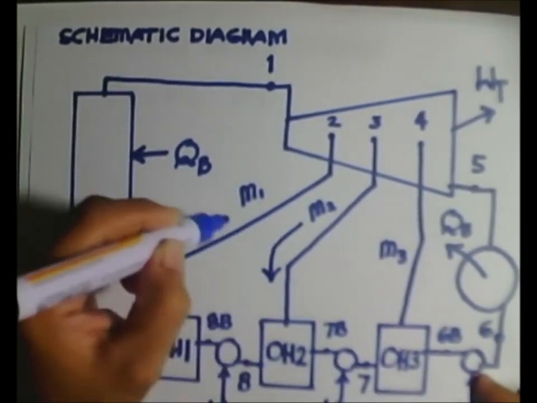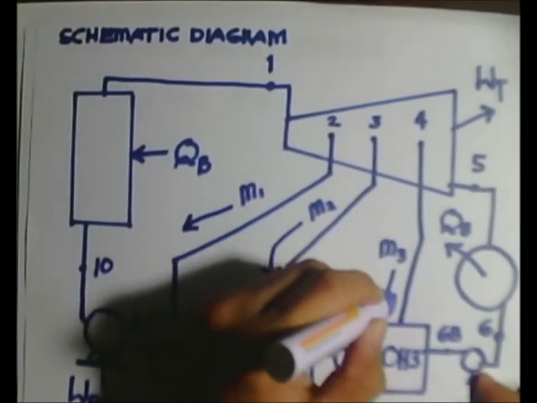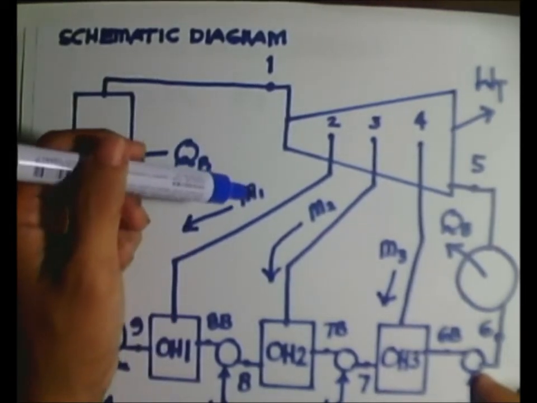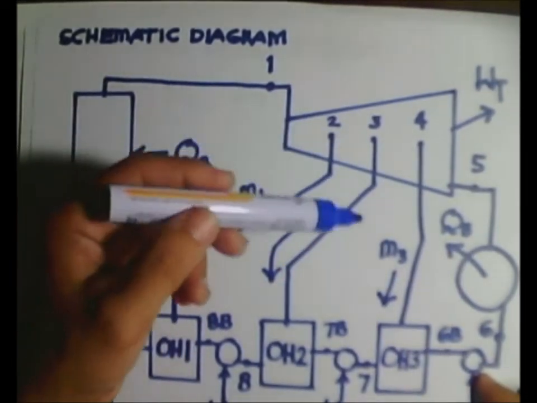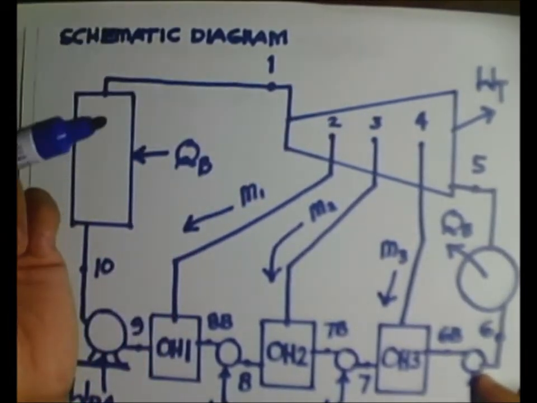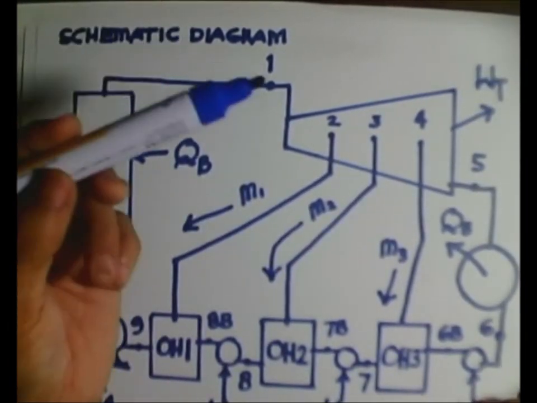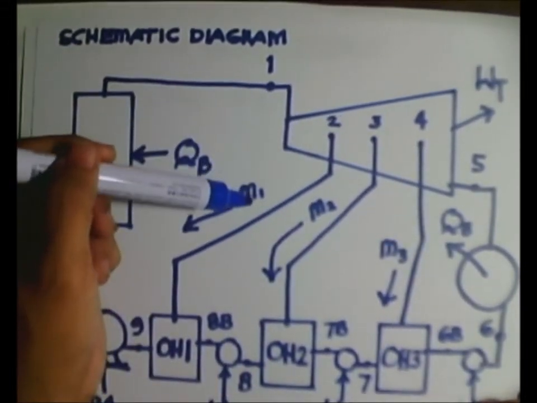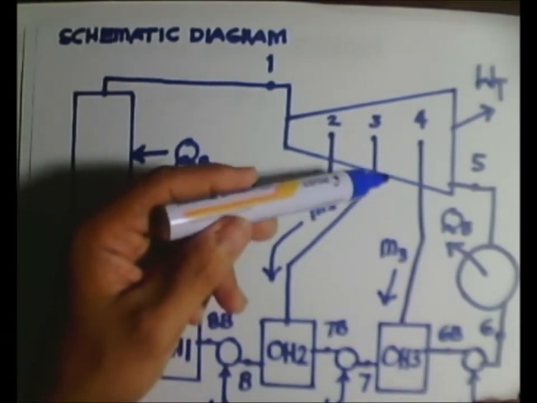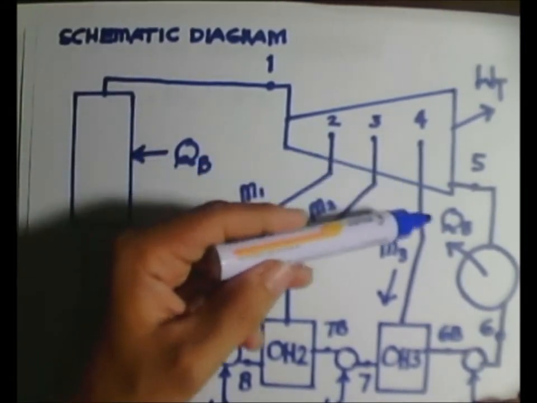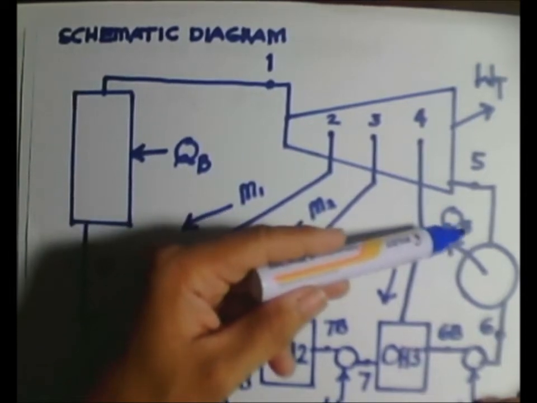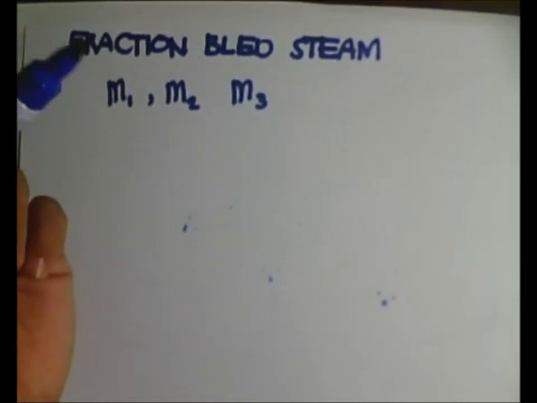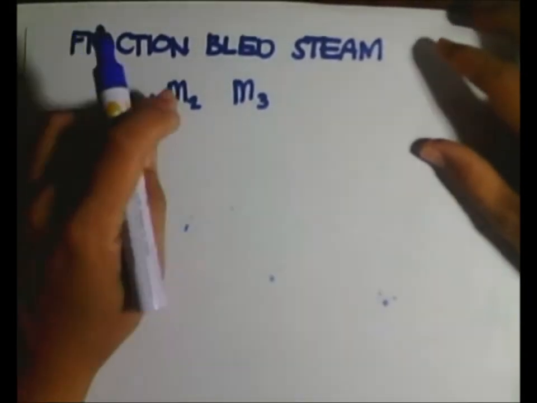These are taken out. Now, how do we calculate them? Because this fraction of bled steam would affect the performance of our steam turbine, and also it affects the amount of heat that we removed from the steam, since these masses here are not included in the heat rejection somewhere here in our condenser. So how do we determine this M1, M2, and M3?